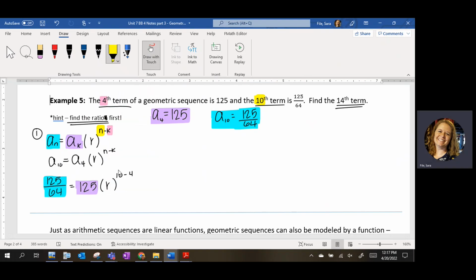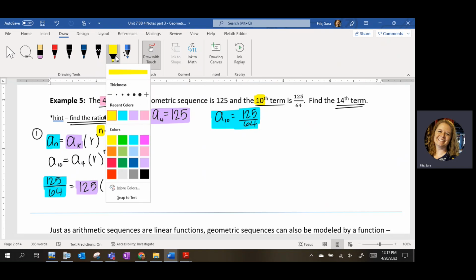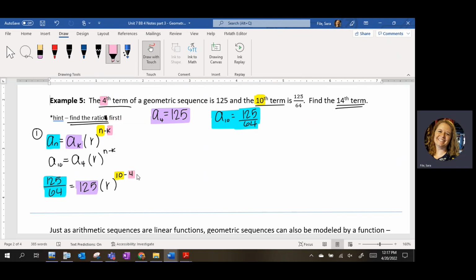Now this is slightly more complicated because I have to work backward to solve for R. So what's the first thing I need to do to solve for R? How can I get rid of this coefficient of 125? Yeah, so I'm going to divide out the 125. What you do to one side, you do to the other. But here we've got a fraction and a fraction again, right?